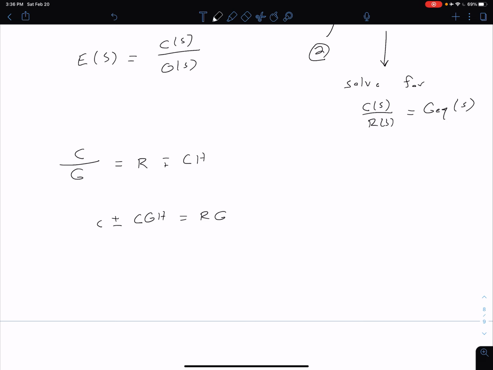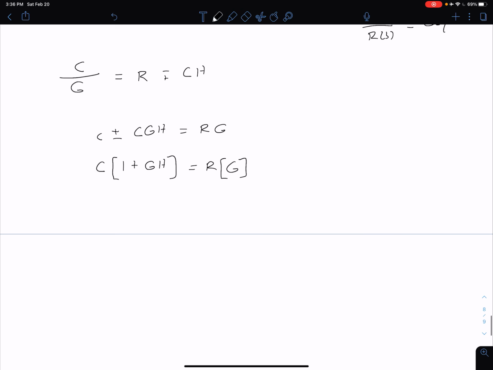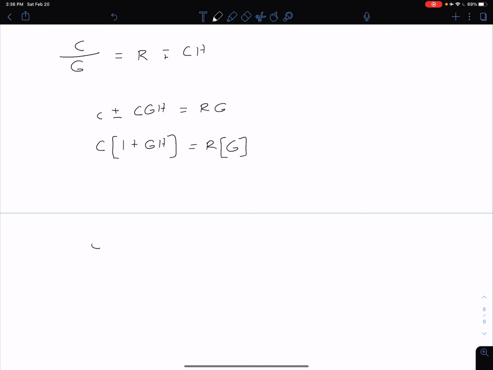So now on the left side, we can factor out that C. So we can say C times 1 plus G times H. And of course, over here, we just have R times G. Just to make that explicit, we'll show it like that. And now we can easily get our C divided by R that we wanted. So I'm going to add my S's back in.